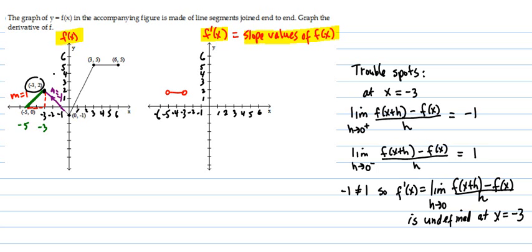There's a sharp corner there. The derivative to the left is 1. The derivative to the right is -1.